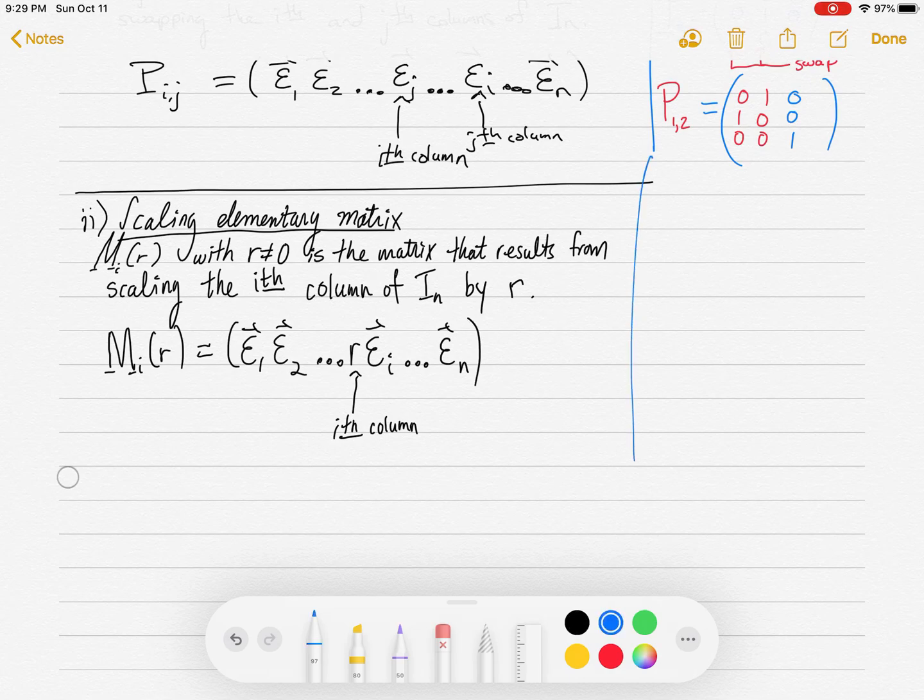In the ith column, you would multiply by R, so you'd have R times epsilon i. And then the rest of the columns are all normal epsilons, through epsilon n.